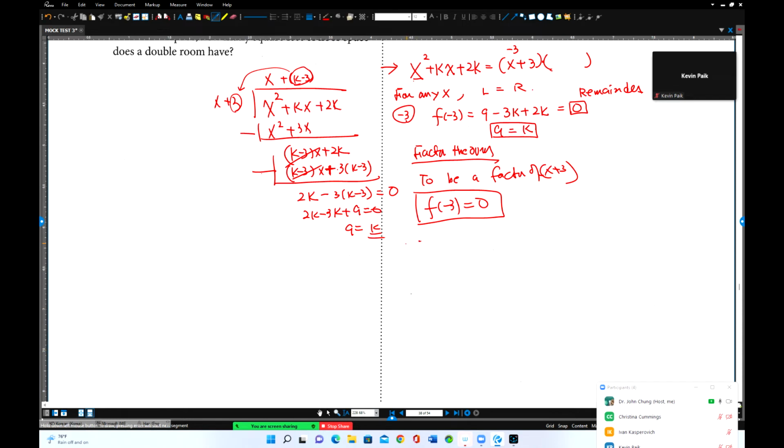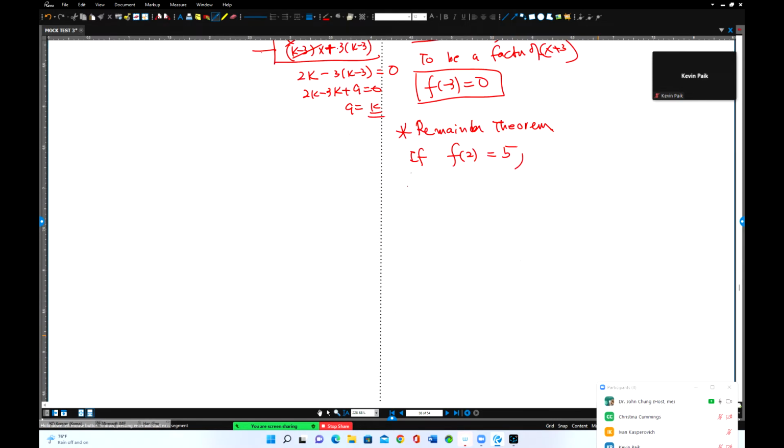When you have, for example, this is the remainder theorem. If f of a equals 5, I'm going to use some number, f of 2 equals 5. Okay, what does that mean?